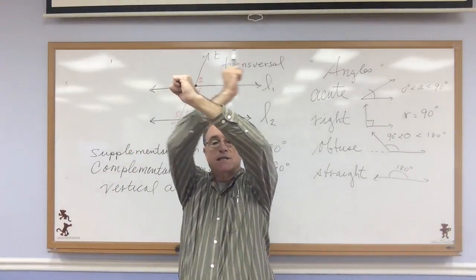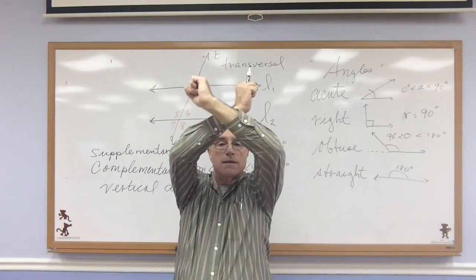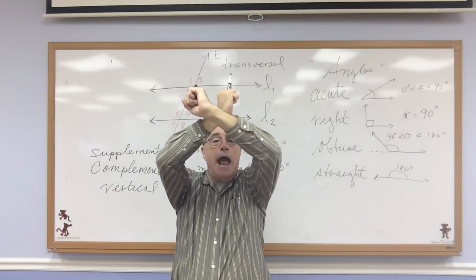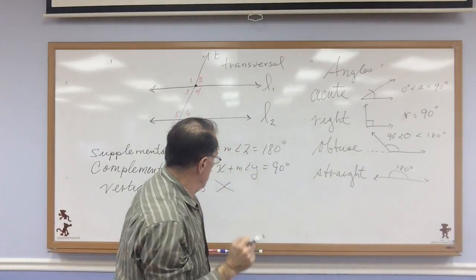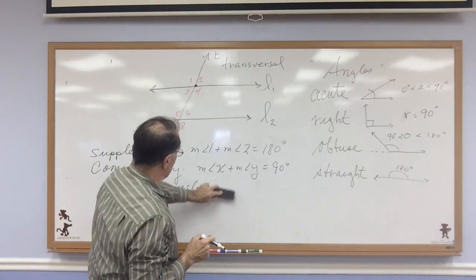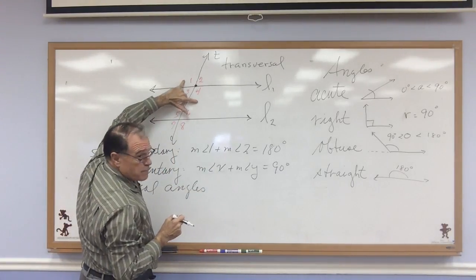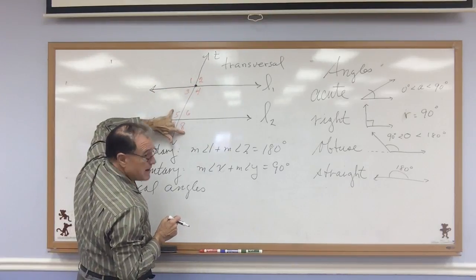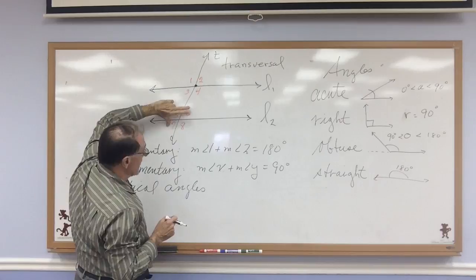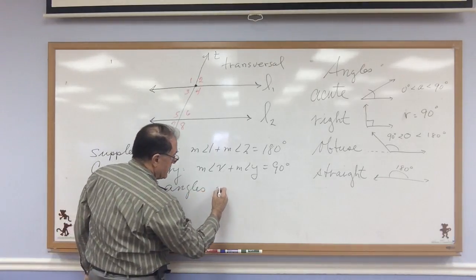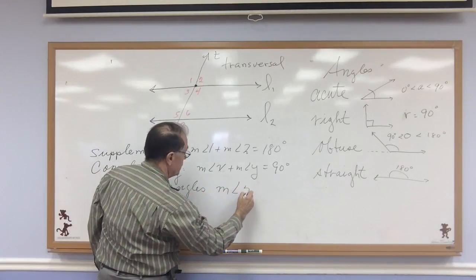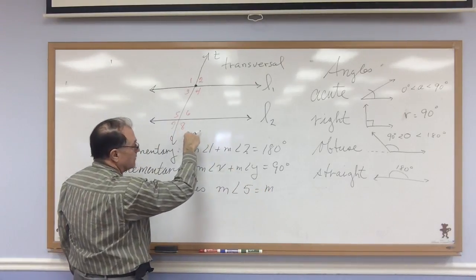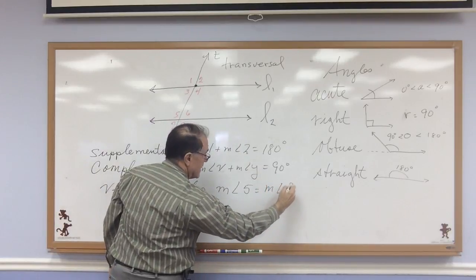So if I have two lines and they intersect, the vertical angles point to each other. And they have the same measurement. For example, in our diagram, 1 and 4 are vertical, 2 and 3 are vertical, 5 and 8 are vertical, 6 and 7 are vertical. And the measures of two vertical angles are equal. So for example, angle 5's measure is the same as angle 8.